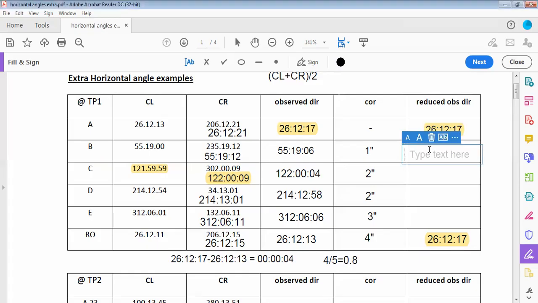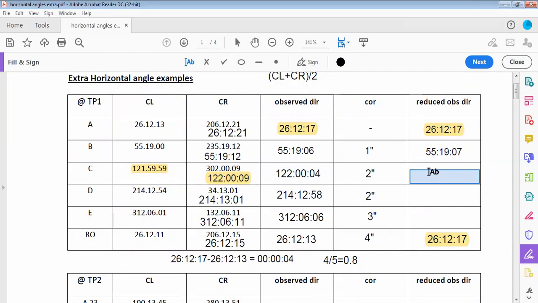Then it will basically be 55 degrees, 19 minutes, 6 seconds plus 0 degrees, 0 minutes, and 1 second, which gives us 55 degrees, 19 minutes, and 7 seconds.